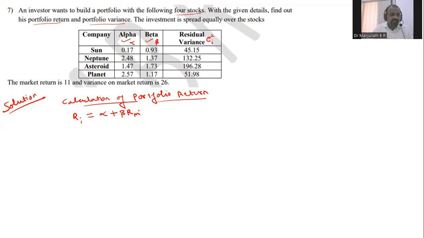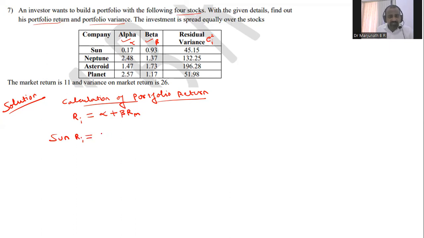When I say RM, what does that mean? RM means the market return. Alpha we have, beta we have with the question. Therefore, can we proceed in terms of calculating the portfolio return? But before that, the Sun company return, that is RI for Sun. Yes, we can.